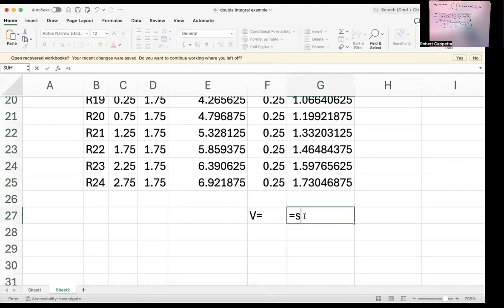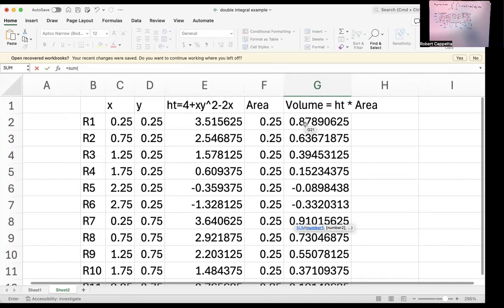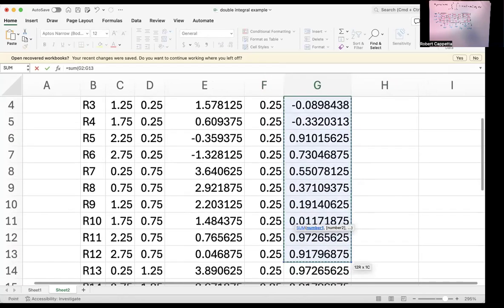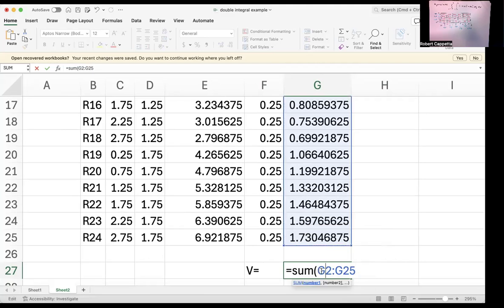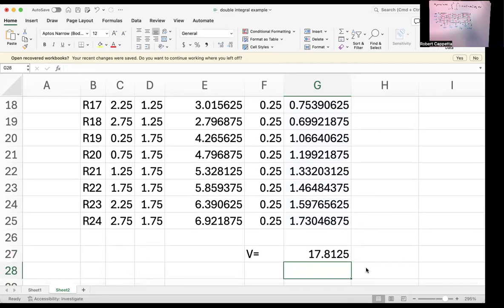Volume equals the sum for our approximate volume under that surface over that region, keeping in mind if it's below the axis, that's perceived as negative. And we get an answer of 17.8125. So that's our best guess for that integral.